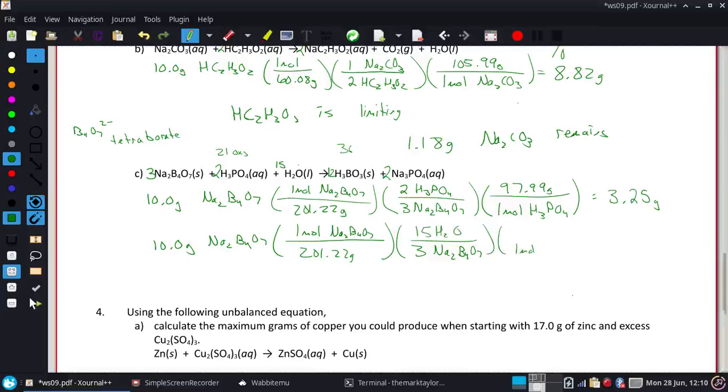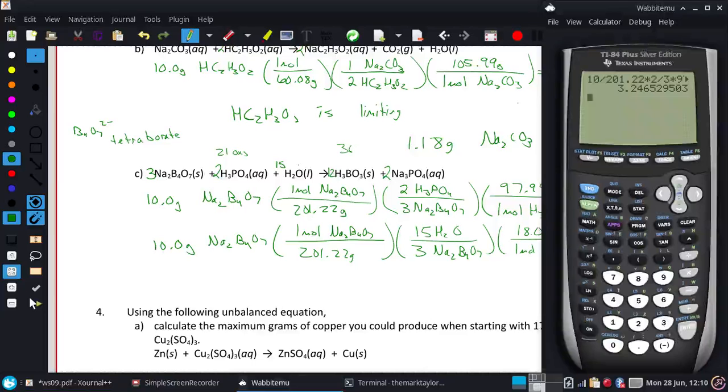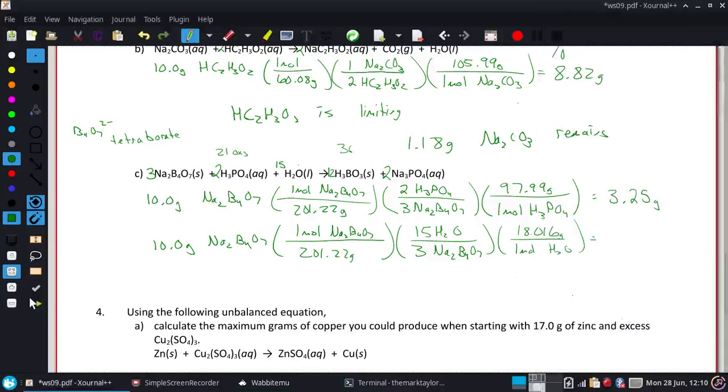And 1 mole of water happens to weigh 18.016 grams. All right, this looks big because it's 15. But 10 divided by 201.22 times 15 divided by 3 times 18.016 gives us that this is a mere 4.48.